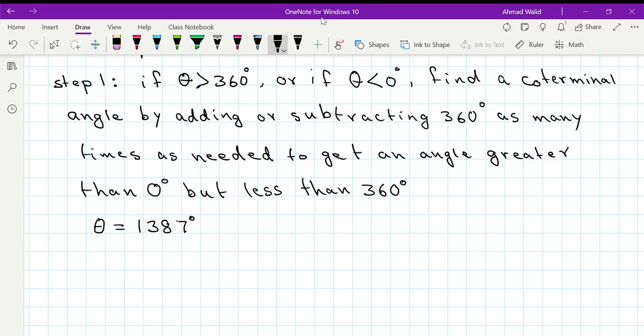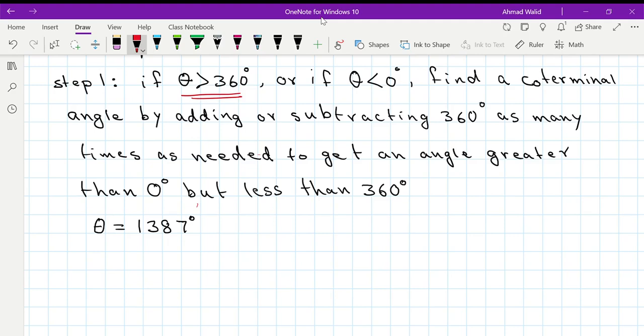You see, first of all, your theta is greater than what? 360. What should I do in step 1? I should find a coterminal angle. How? I will subtract 360 as many as needed.